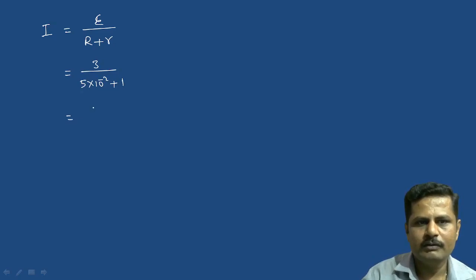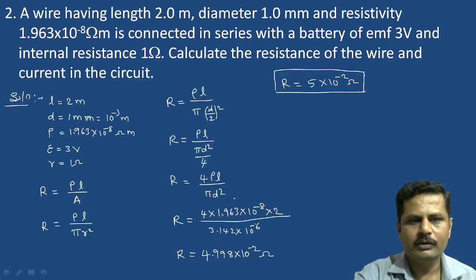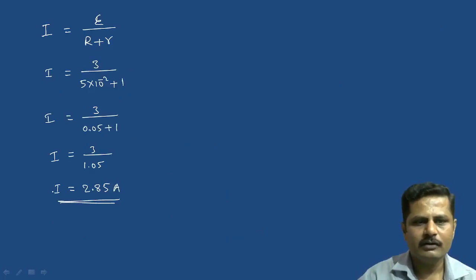So 3 divided by, 5 into 10 raised to minus 2 is 0.05, plus 1, that is 3 divided by 1.05, which gives I equals 2.85 ampere. So our resistance is 5 into 10 to the power minus 2 ohm, and the current in the circuit is 2.85 ampere.